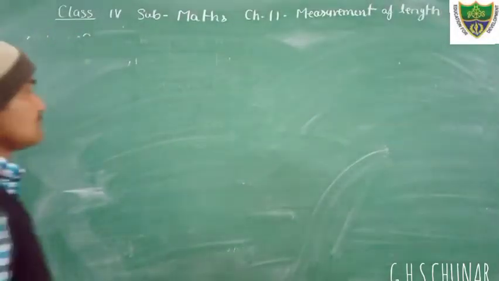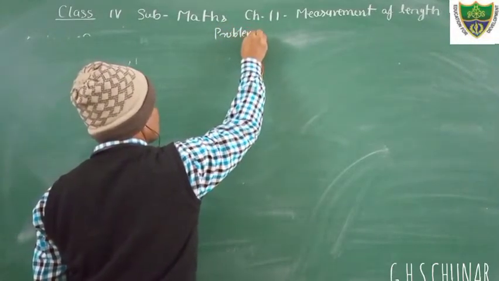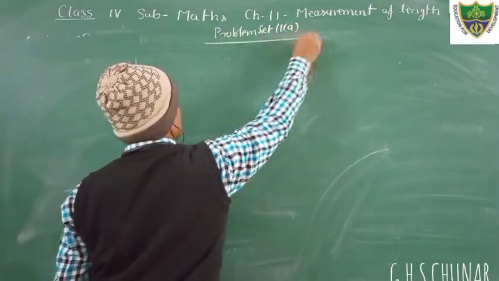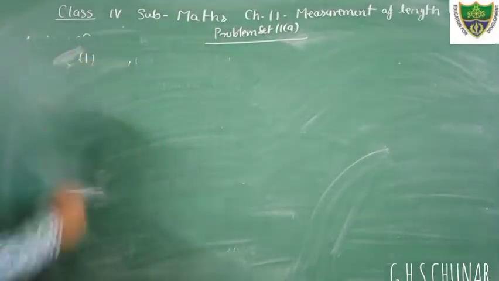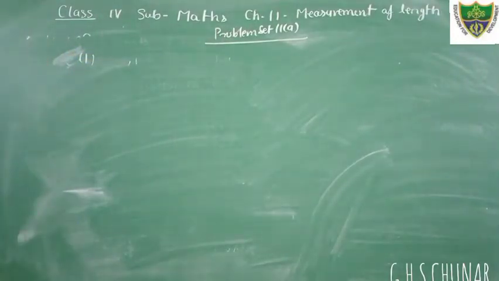Exercise, sorry, problem set 11. That is question number 1. In the question number 1, name the measurements for length in the metric system. Write the same in abbreviated form. What is the name of the measurements for the length in the metric system?